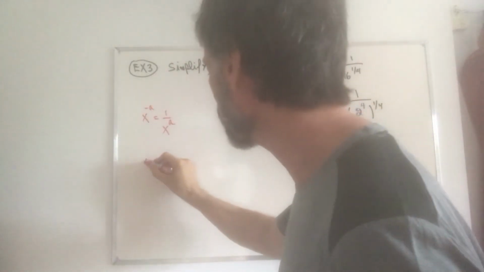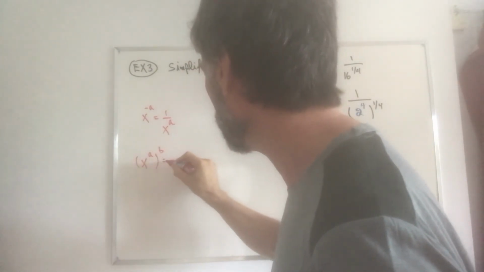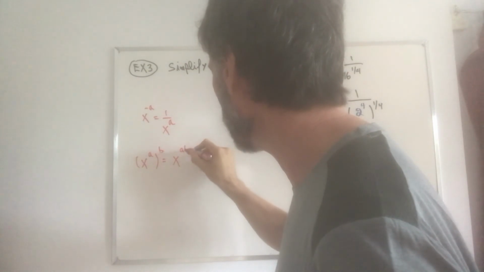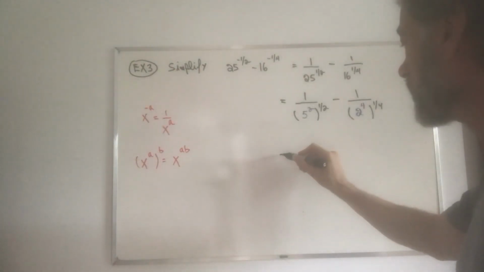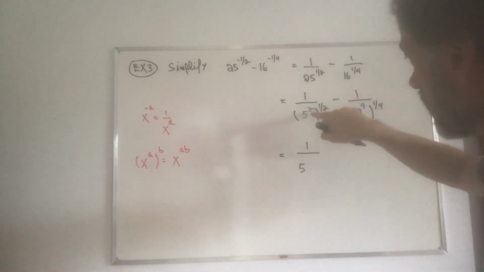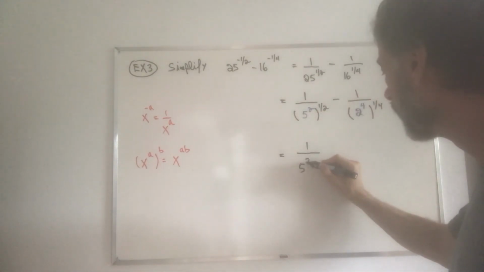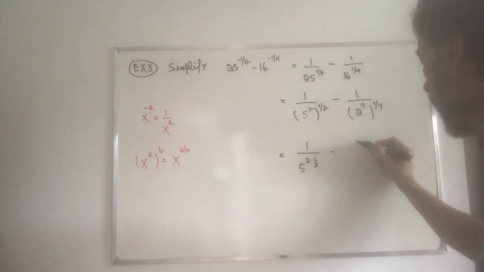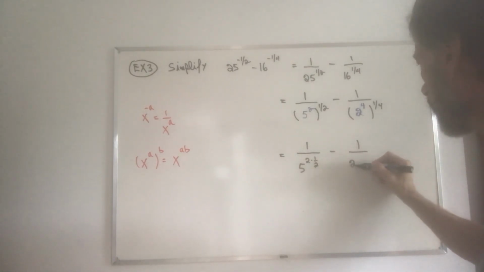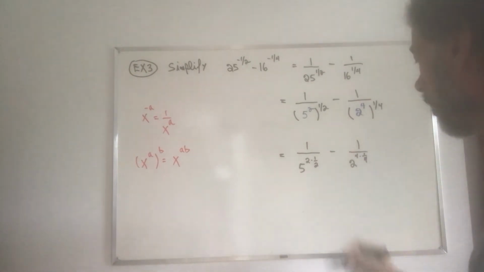And here comes the rule of x to the a to the b. That is x to the ab, of course. So that's going to be 1 over 5 to the, this is my a, this is my b, so 2 times 1/2, and that is 4 times 1/4.